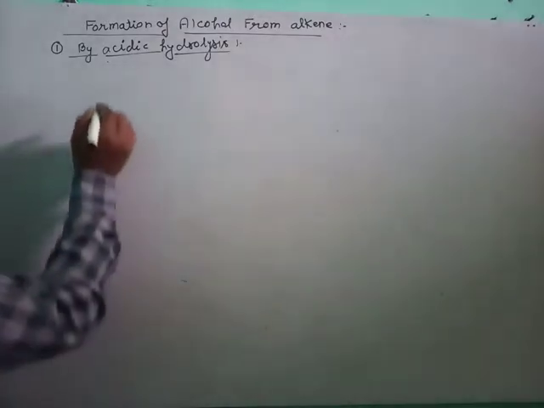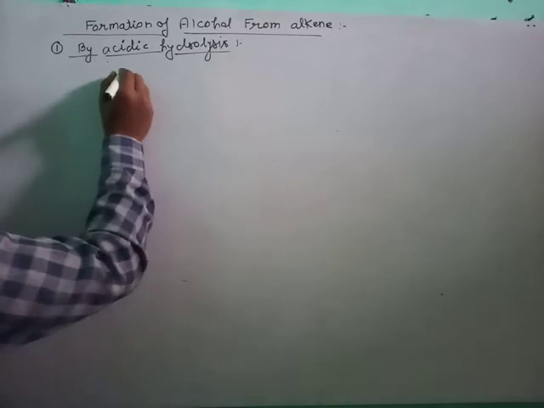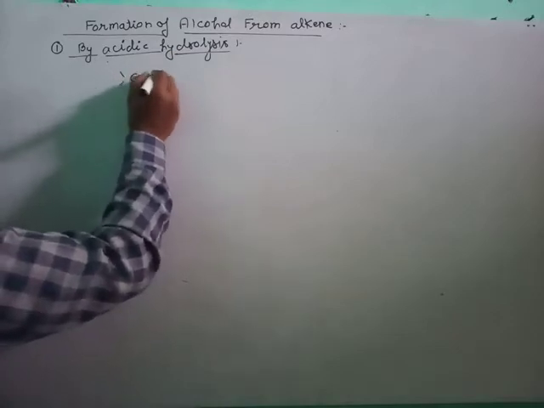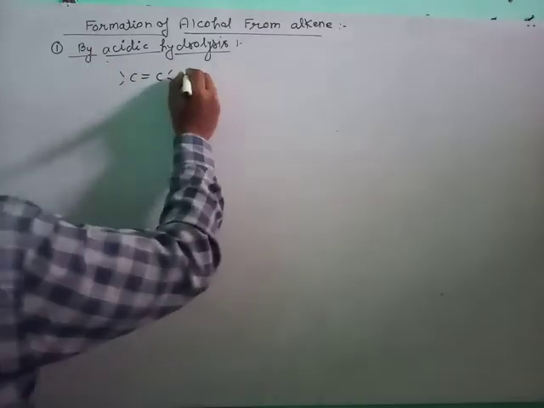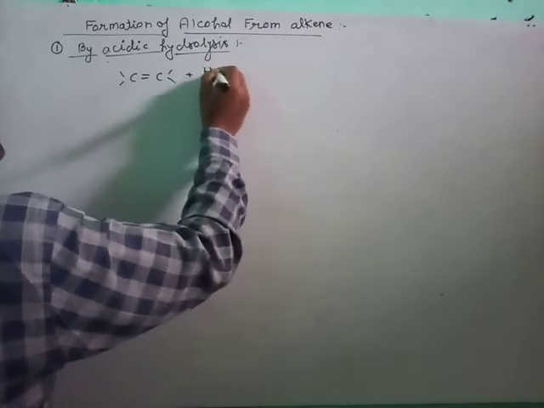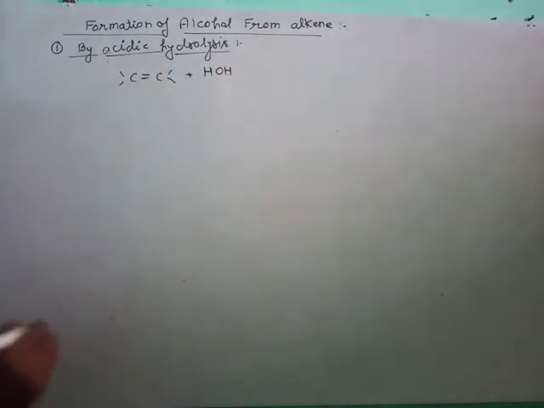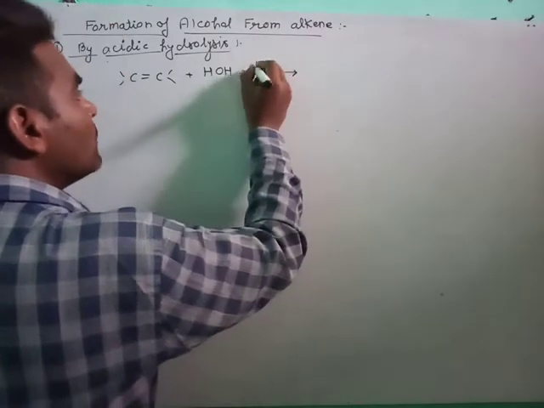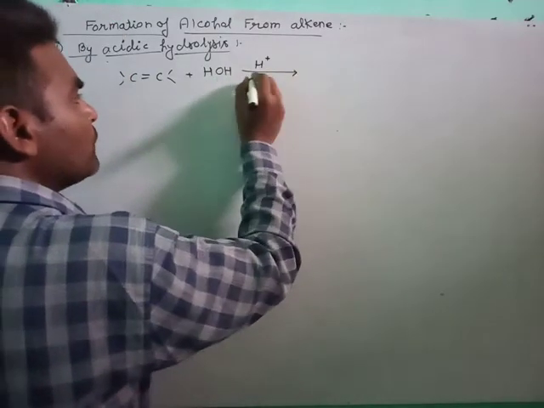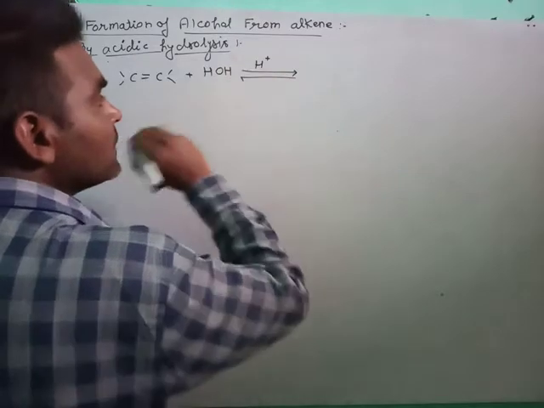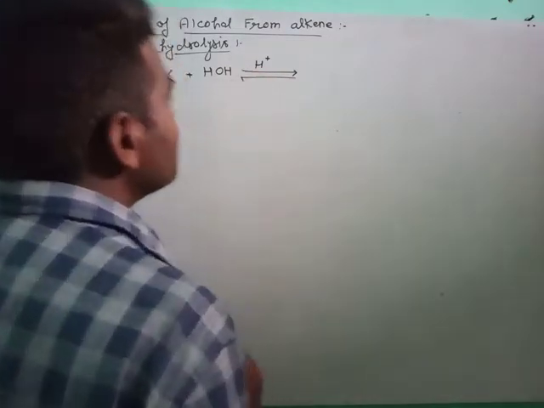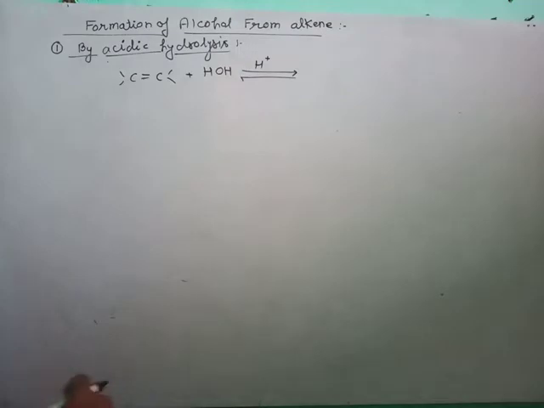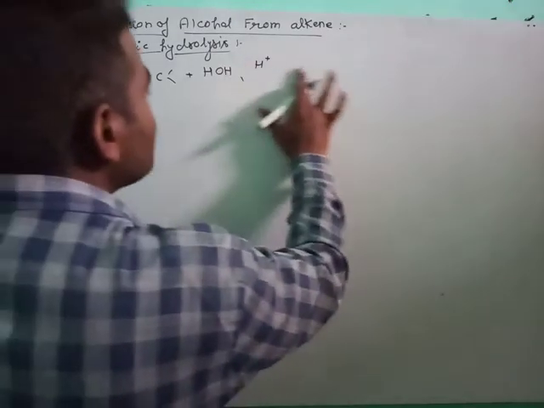Here we can say that when alkene undergoes hydrolysis in the presence of protonic acid. In the presence of protonic acid means those types of acid which have the capacity to donate protons.